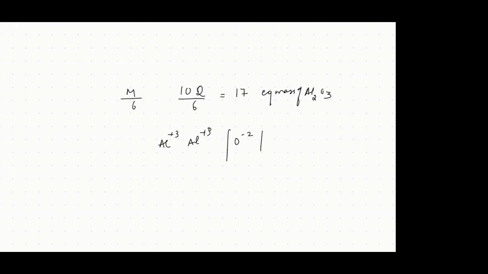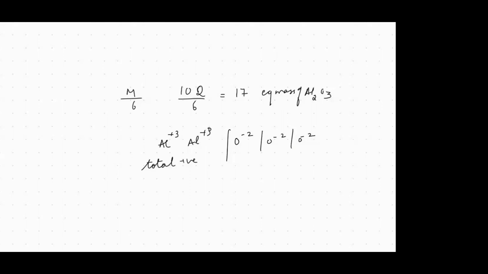What are we going to do? We wrote M by 6. We did 102 by 6, and we got 17. That is the equivalent mass of Al2O3. So what did I just explain to you? That Al2O3 consists of Al plus 3, 2 times, and oxygen O minus 2, 3 times.